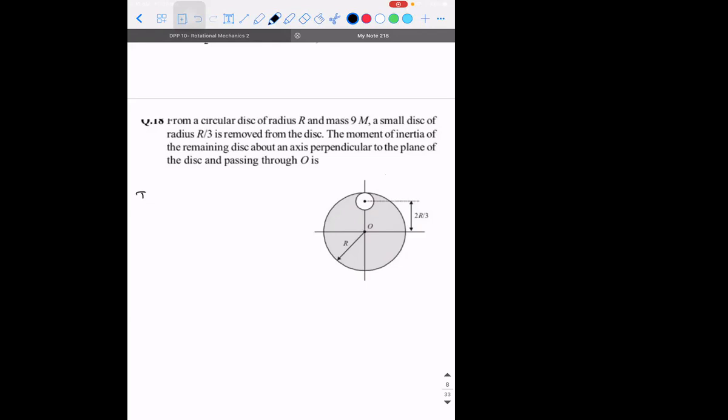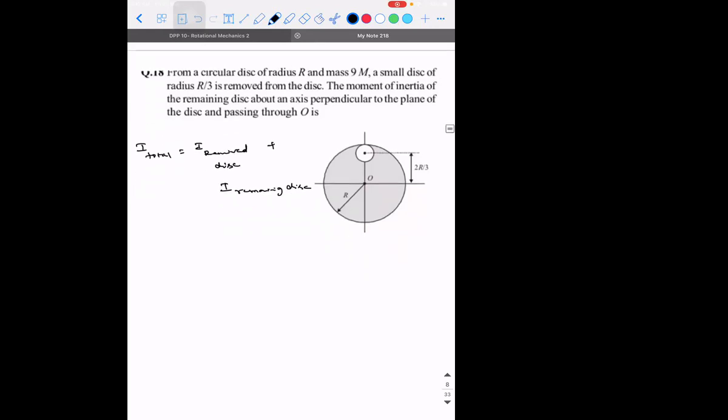So can I put it like this? Tell me whether it is right or wrong. The total moment of inertia is equal to the moment of inertia of the removed disk plus the moment of inertia of the remaining disk. It will not get subtracted, it will get added only, because we are talking about the total value.